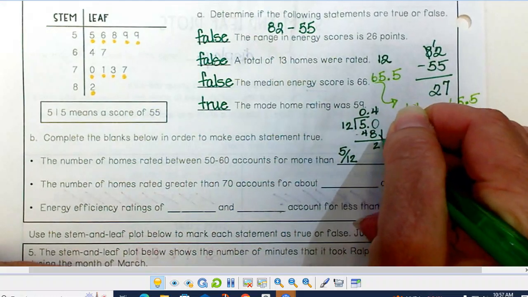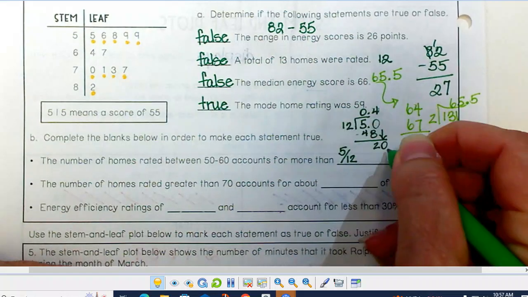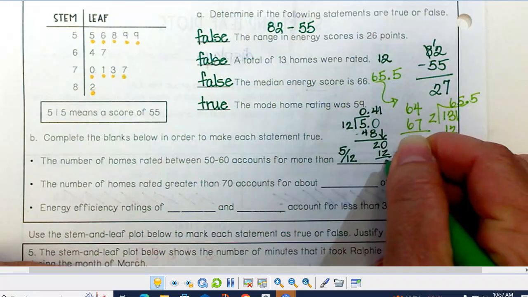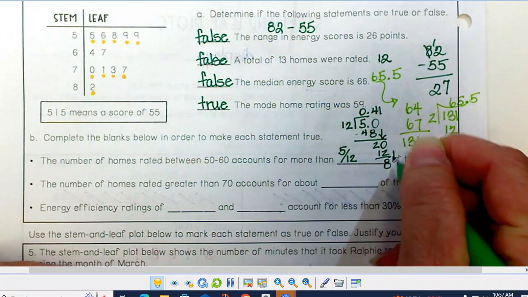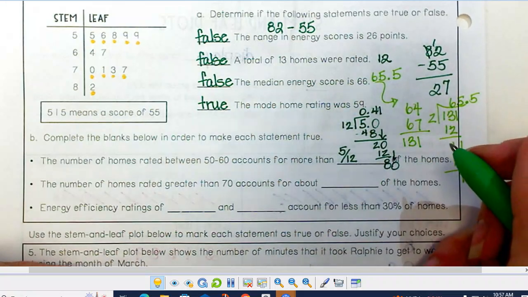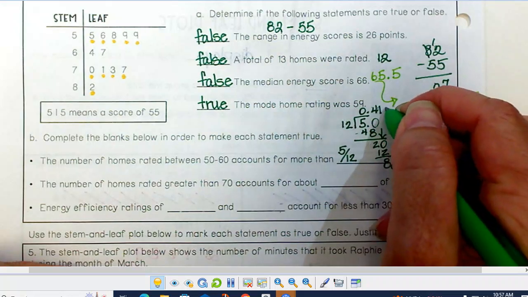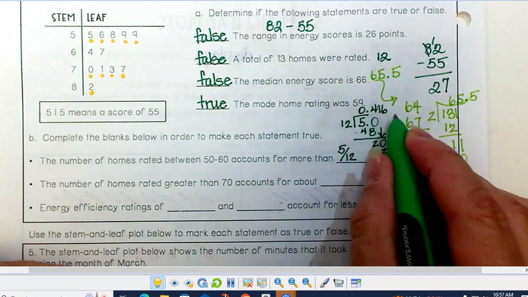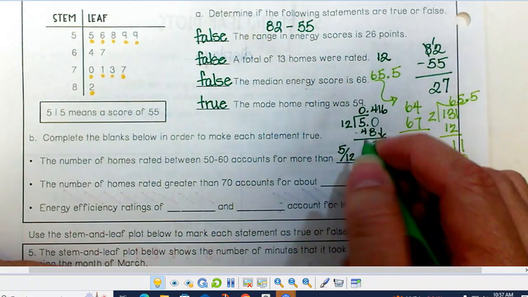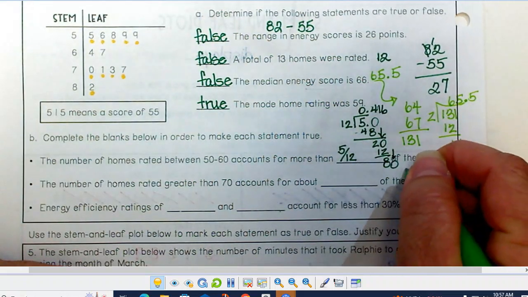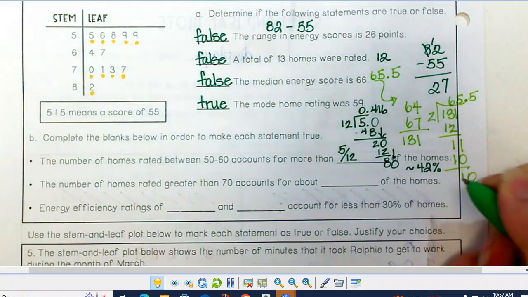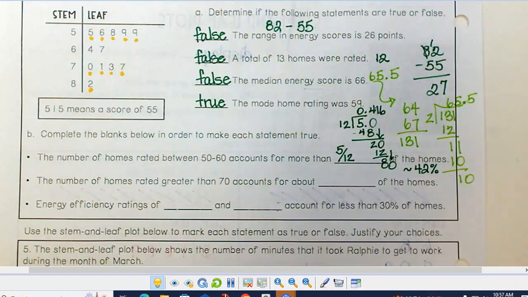Get a 2. Carry down a 0. 12 will go into 20 only once. Carry down another 0. 12 will go into 80. 12 times 6 is 72. So that's probably enough. 5/12 is going to be about 42% of the homes.